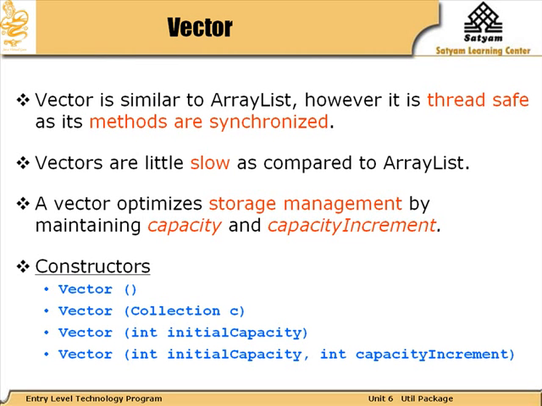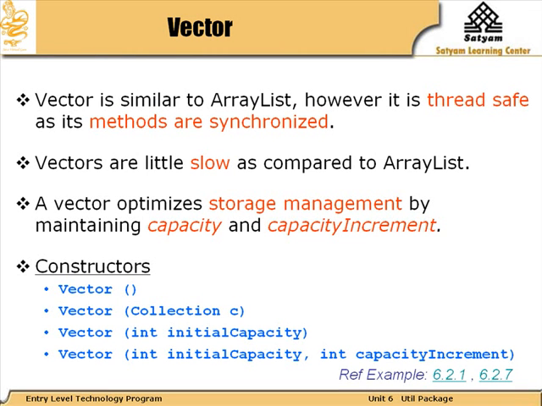Then a constructor with an initial capacity, where the initial capacity can be passed by the programmer, and another constructor which takes the initial capacity and also the capacity increment. That is, if the initial capacity is full, what should be the increment done to the capacity.